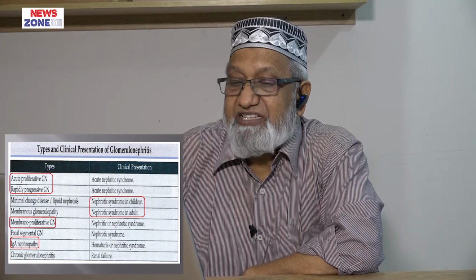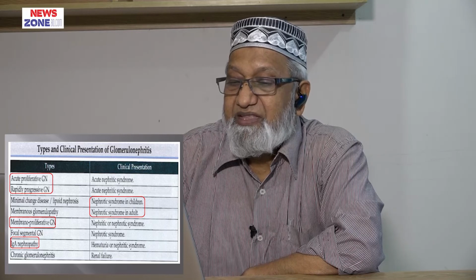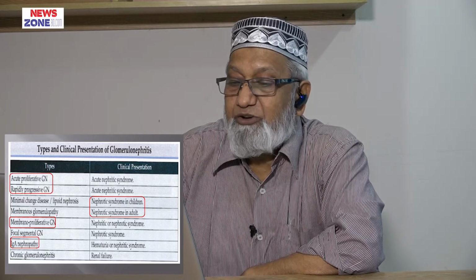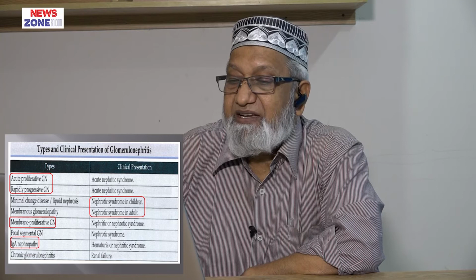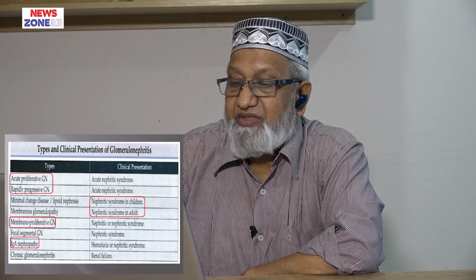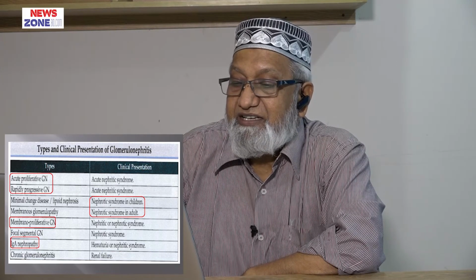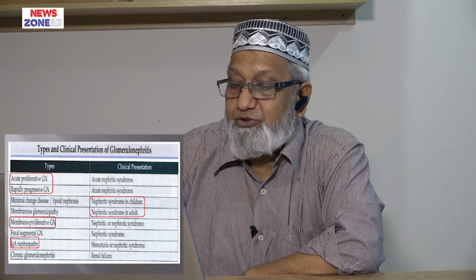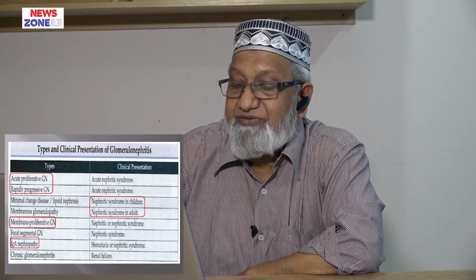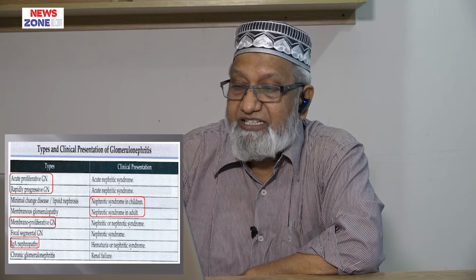And minimal change disease, membranous glomerulopathy, membranoproliferative glomerulopathy cause nephrotic syndrome. And IgA nephropathy is a cause of hematuria or sometimes nephritic syndrome. And chronic glomerulonephritis when you find renal failure.